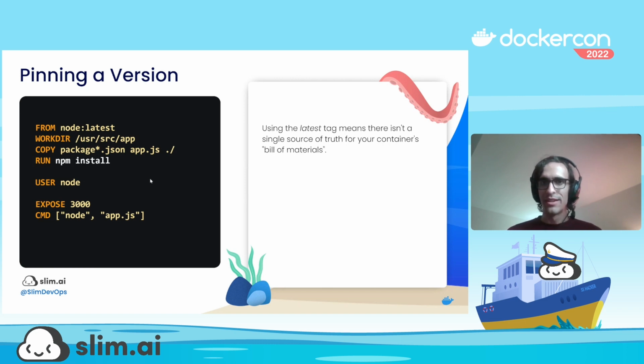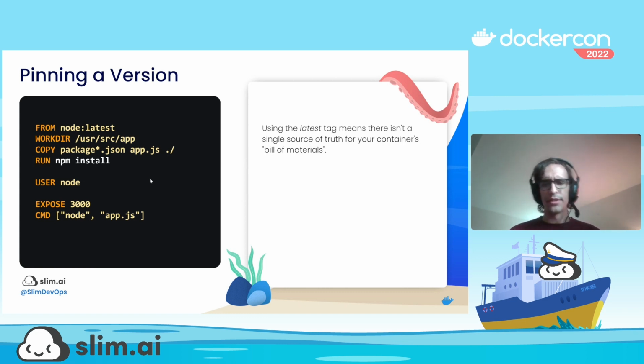From a reproducibility perspective, my tester who might run docker pull node:latest on a different day than me will likely see a very different result, or they could see a very different result in the functionality of our application.